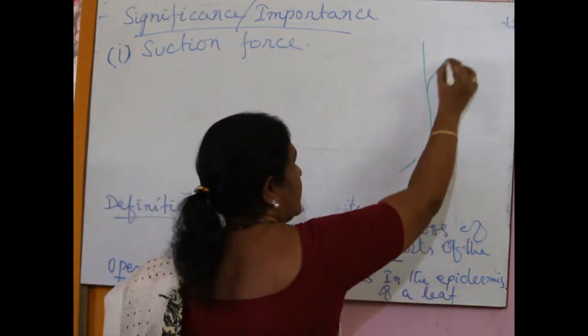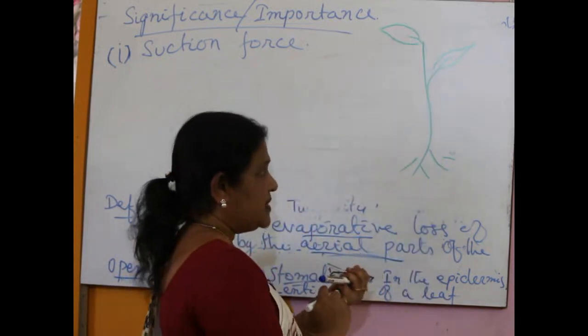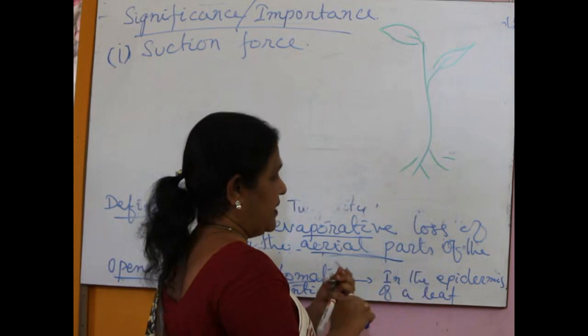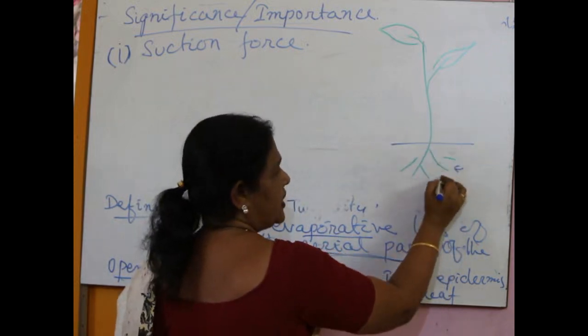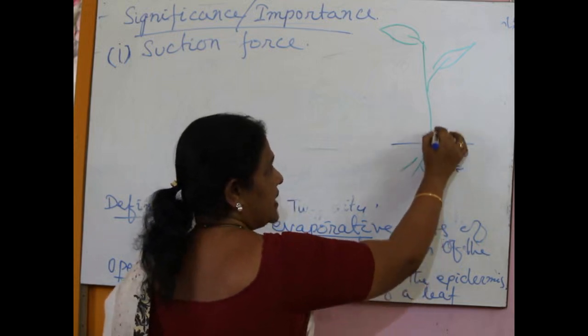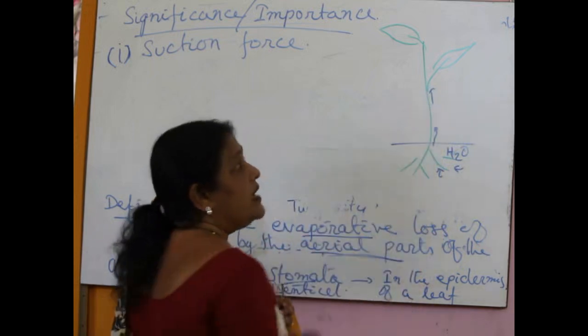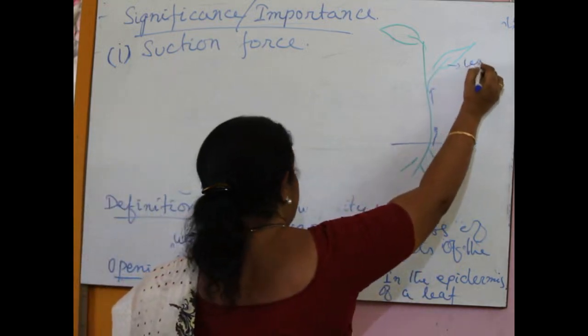When the roots absorb water, they cannot discriminate how much water they need to absorb. But this water from the soil that the roots absorb is carried up to the leaves, which I showed you earlier.